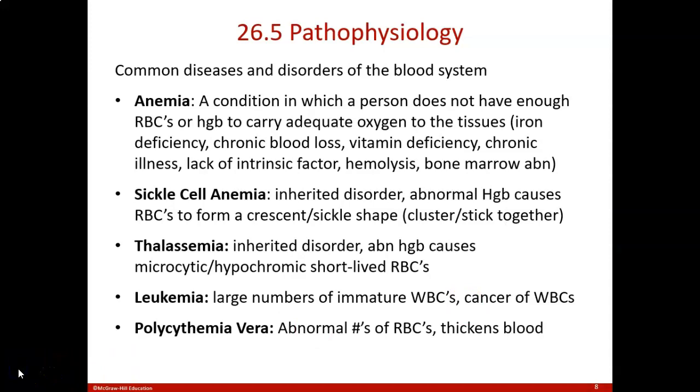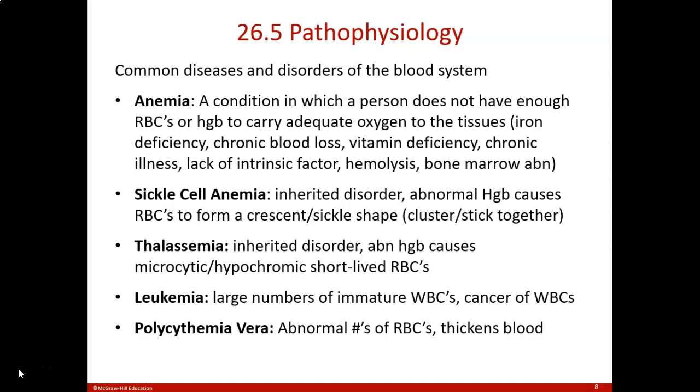Chronic illness can also be a cause of anemia. AIDS, cancer, some of the leukemias can all cause an anemia or a chronic anemia of illness. And so it can be difficult to combat that kind of anemia.